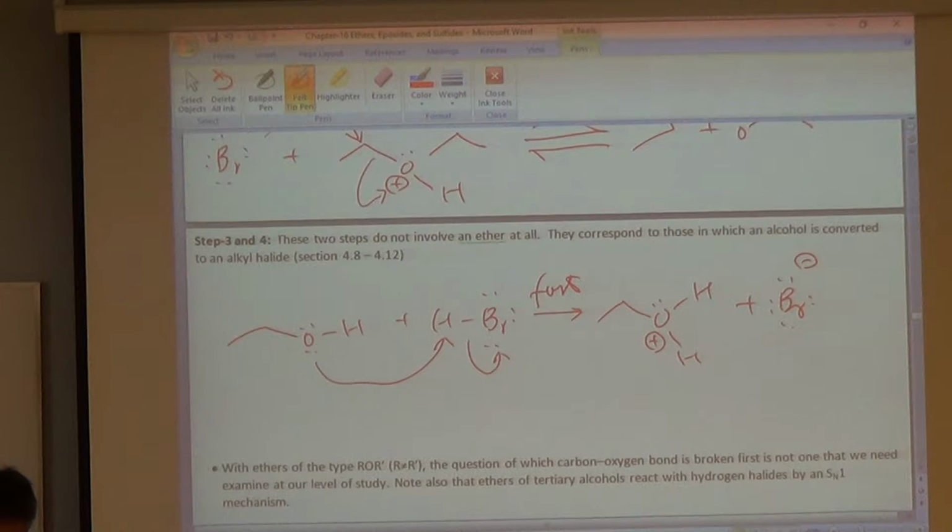And this bromide is produced still in the vicinity of this molecule, so it can go on to the next step, the SN2 reaction. The SN2 reaction will happen like this, and this will produce our other alkyl bromide, also plus H2O. So this is the mechanism.